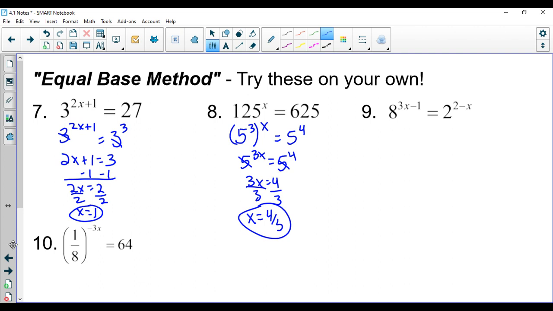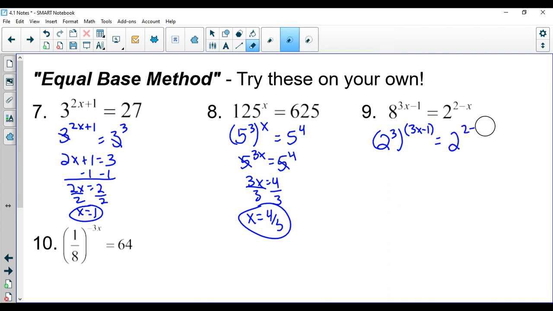For number 9, we have our lower base of 2, our larger base of 8. So I'm going to rewrite 8 as a base of 2. So 2 to the third equals 8. That has to be raised to the 3x minus 1 power. And that's equal to 2 to the 2 minus x power.